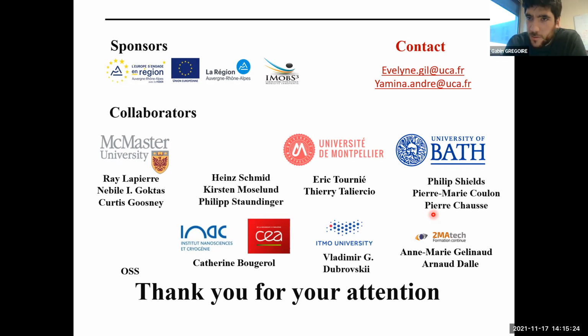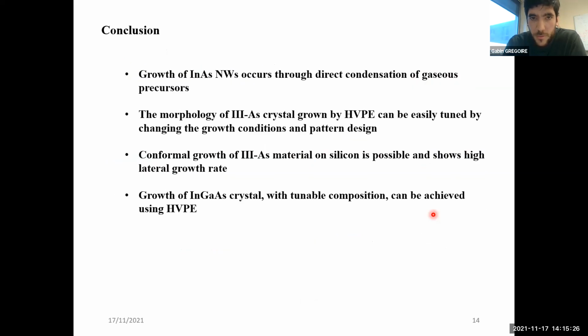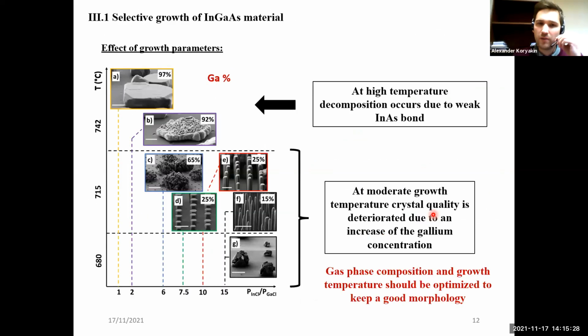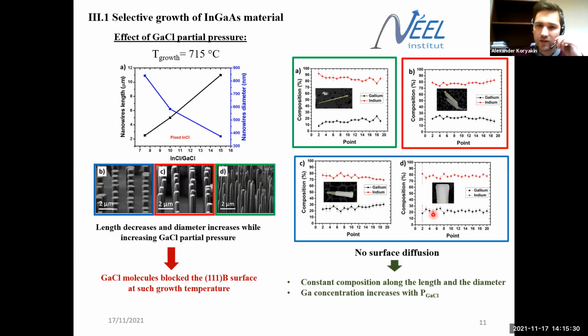Sorry, I don't know which. I talk about selective area growth, and do you observe nonlinear dependence of nanowire growth rate or length versus distance between them? No, we have no. There is no influence of the pitch of the arrays on the length.